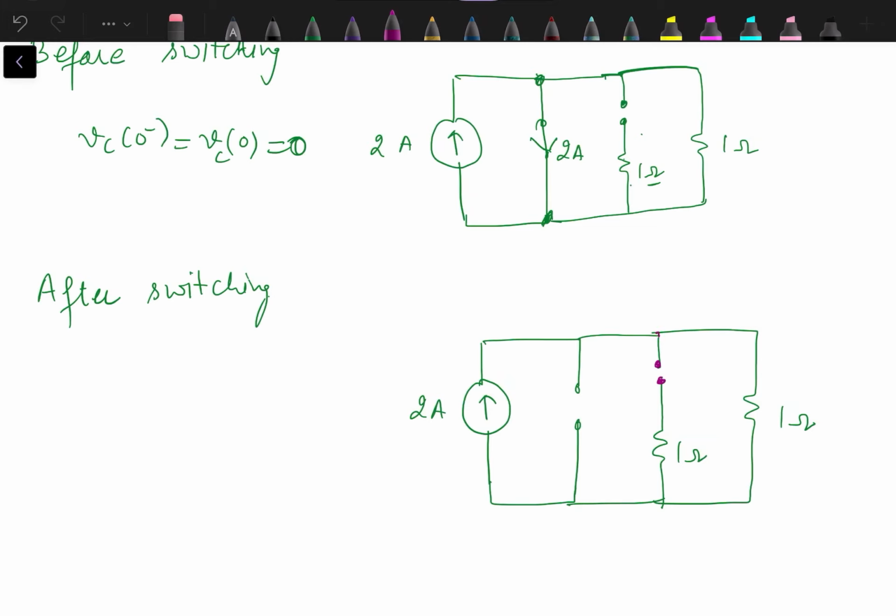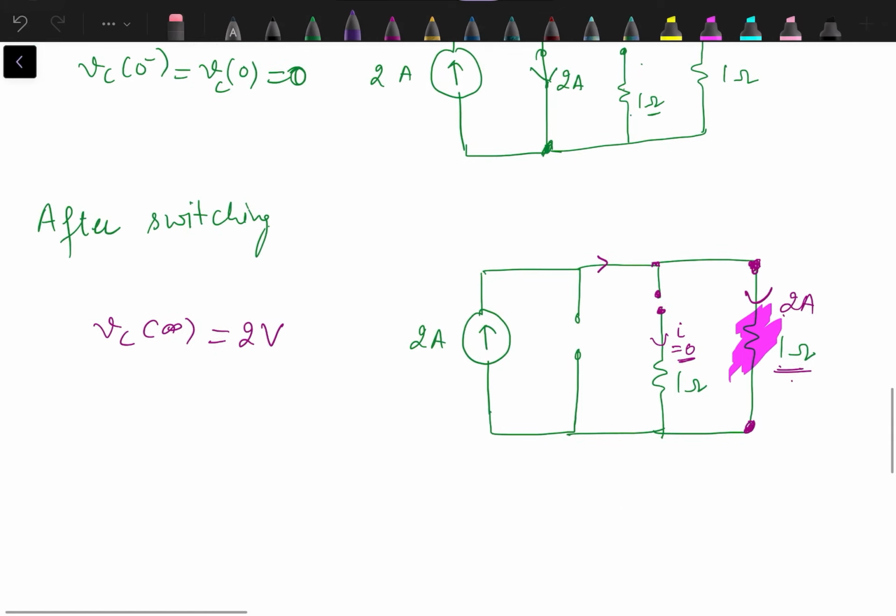The current through this 1 ohm resistance is 0 since it's an open circuit. So the whole of this 2 ampere is flowing through the other 1 ohm resistance, and the voltage across this 1 ohm resistance is the same as the voltage across the capacitor terminals. So what is the voltage across this 1 ohm resistance? It is 2 into 1. So Vc infinity is 2 volts.